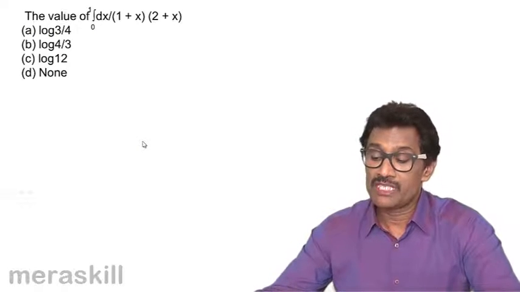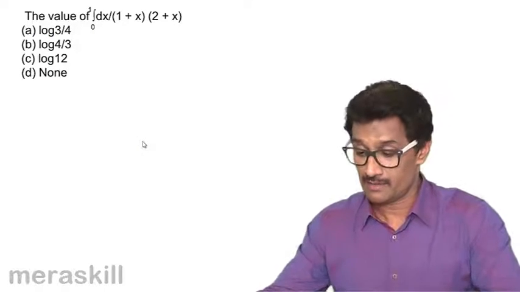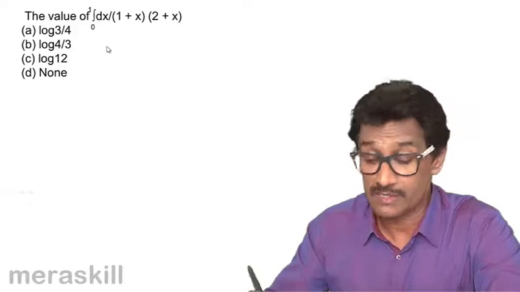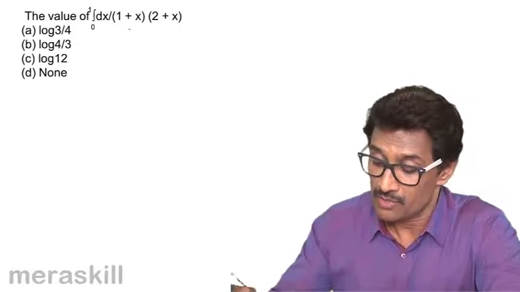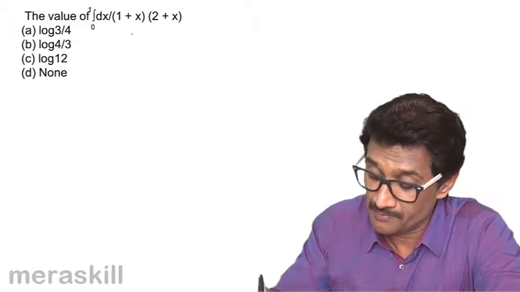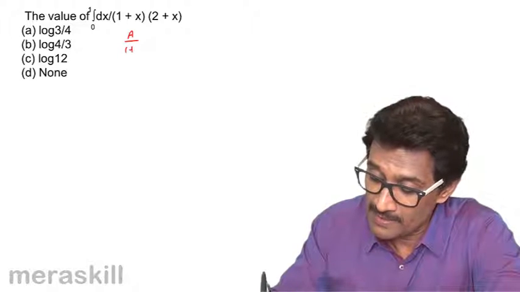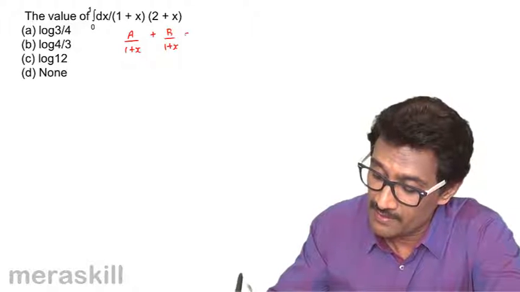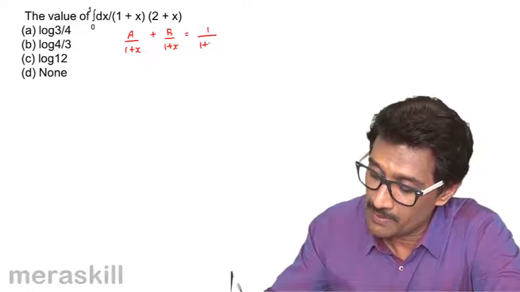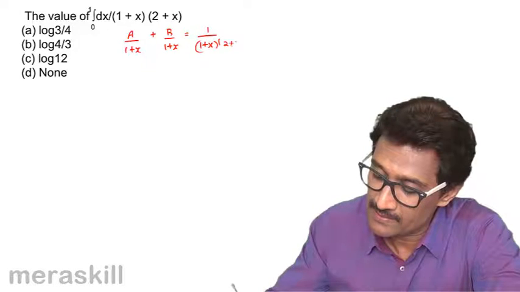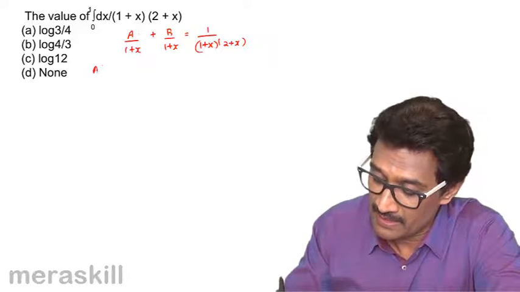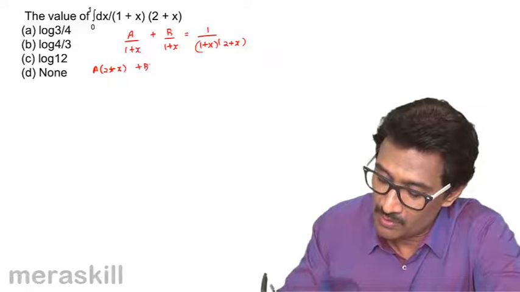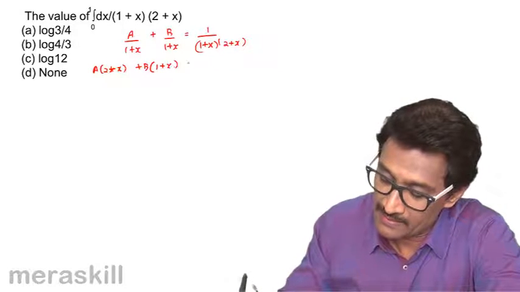Okay, now we have dx upon 1 plus x, dx upon 2 plus x. So we will have to first integrate and find this out. So it's going to be a upon 1 plus x plus b upon 2 plus x is equal to 1 upon 1 plus x into 2 plus x, which means that a into 2 plus x plus b into 1 plus x is equal to 1.